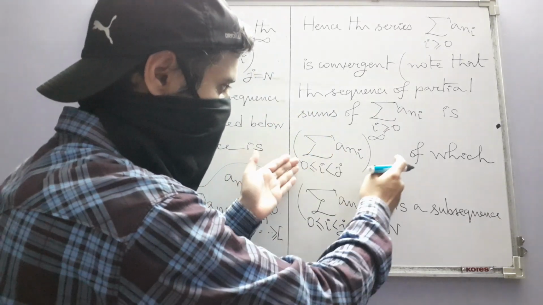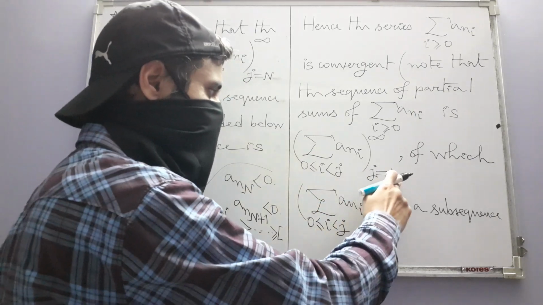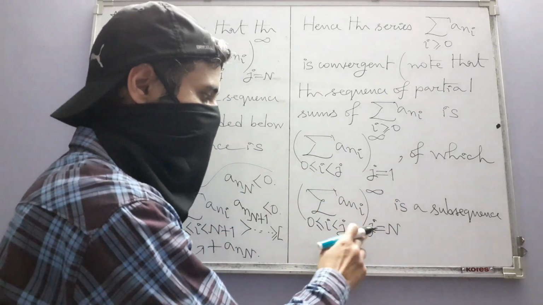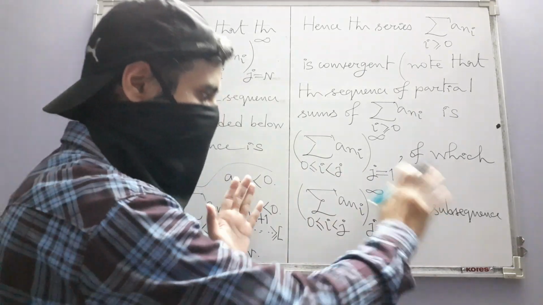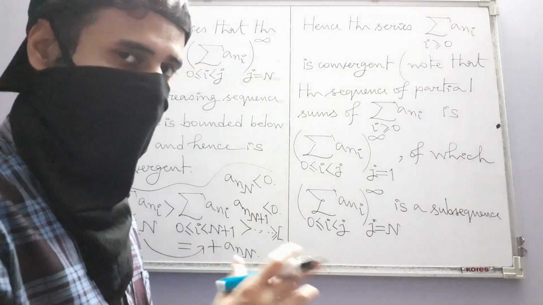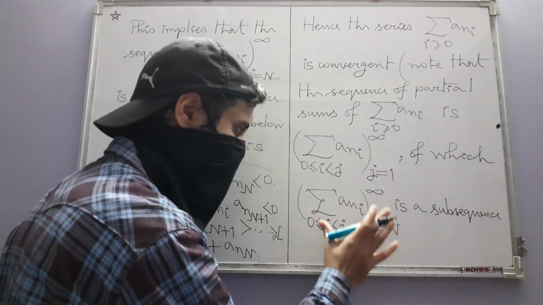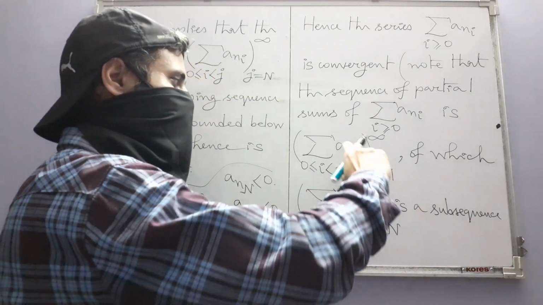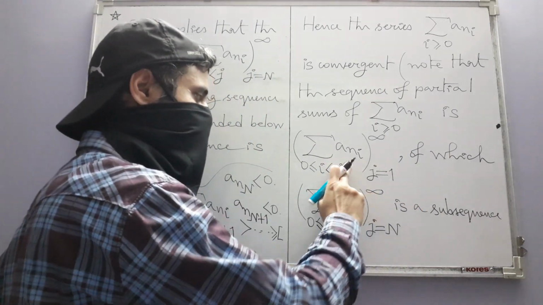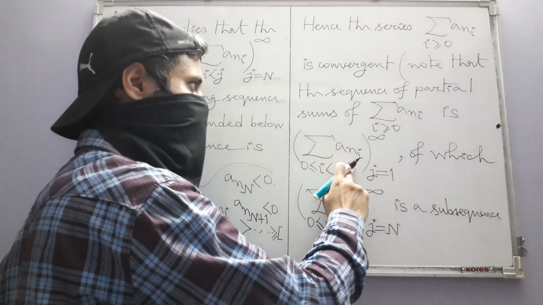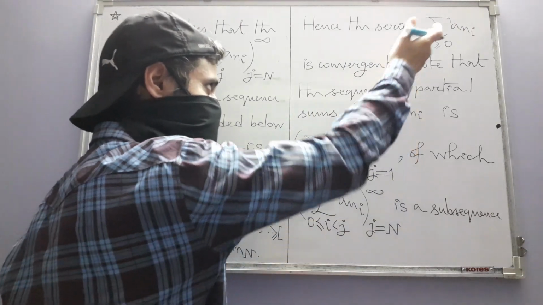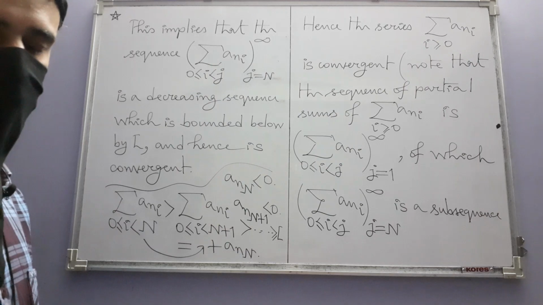If you remove these first terms corresponding to j equal to 1, 2, 3 up to n minus 1, then you get this subsequence. Because of this difference in only finitely many terms, convergence of this subsequence implies convergence of the original sequence. And this is the sequence of partial sums of this series, and that's why this series is convergent.